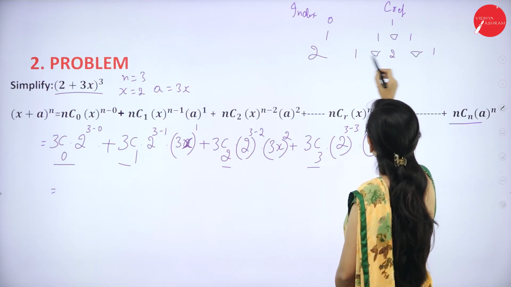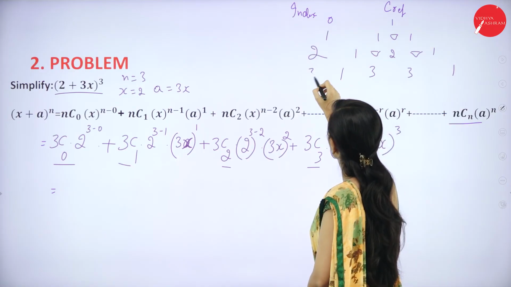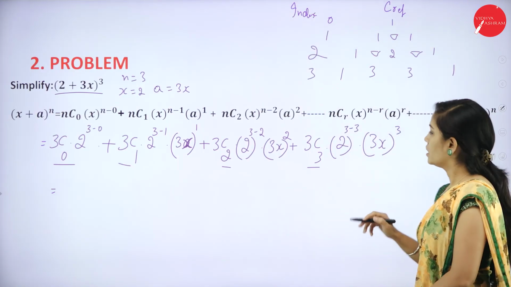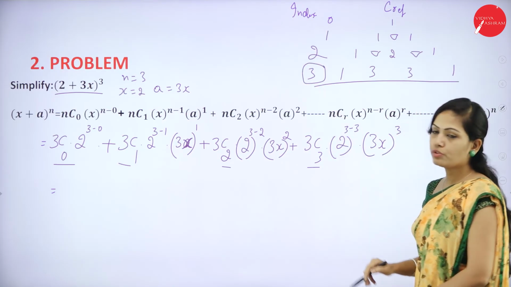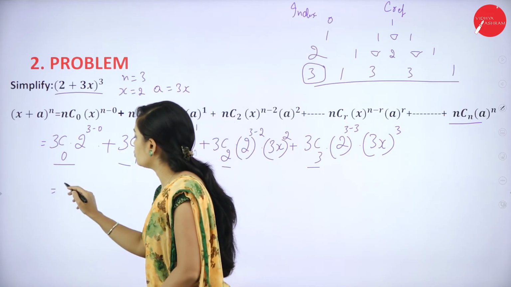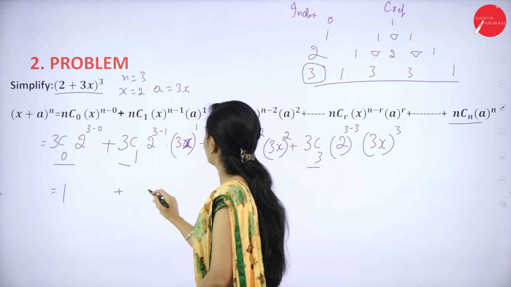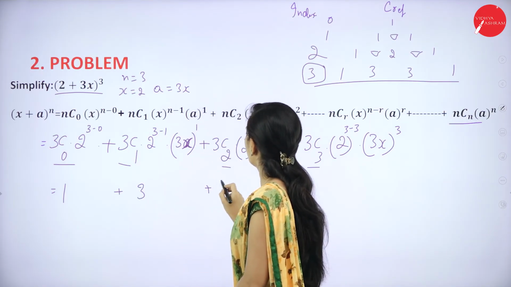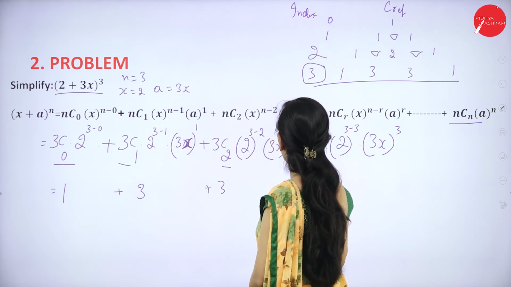Again, 2 plus 1 is 3, 2 plus 1 is 3. As it is, 1 and 1. This is for index 3. So here I will apply these values for index value 3: 1, 3, 3, 1. So in place of 3C0, you can put 1, and in place of 3C1, it is 3, 3C2 is 3, 3C3 is 1. So 1, 3, 3, 1.